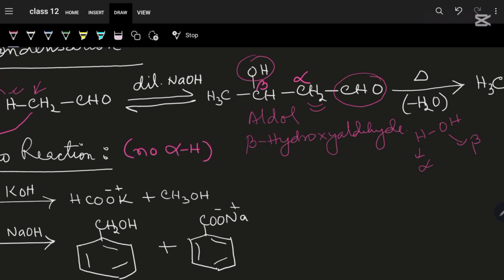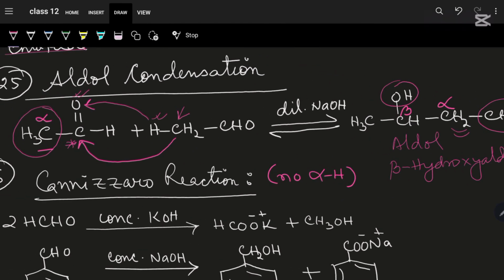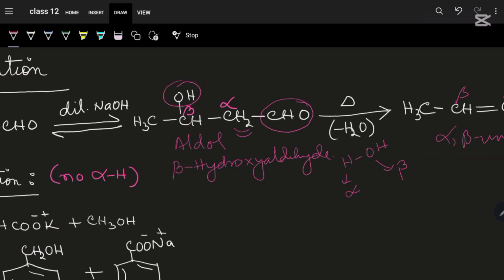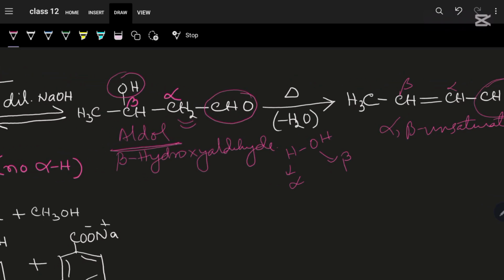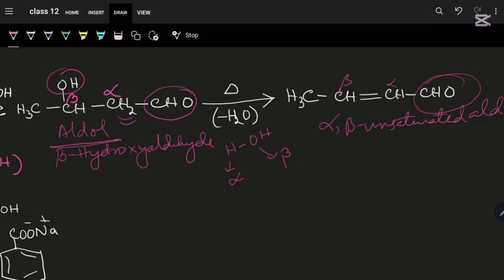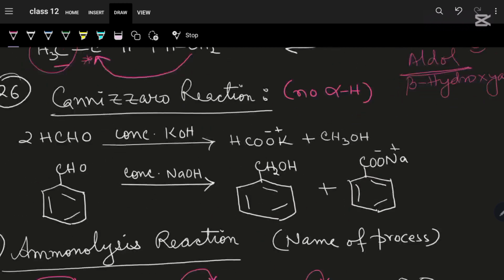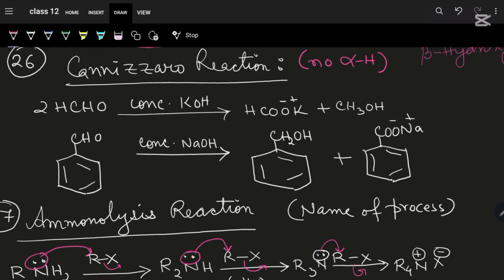So keep in mind whether there is aldol formation or condensation. If heat is not given, you will get aldol. If heat is there, that means removal of H2O, and you will get the alpha beta unsaturated carbonyl compound. If you start with ketone, you will get a keto linkage. If you start with aldehyde, you will get an aldehyde linkage.